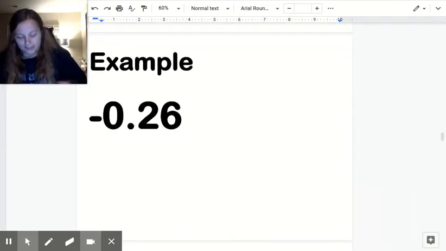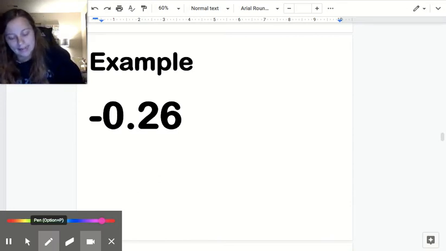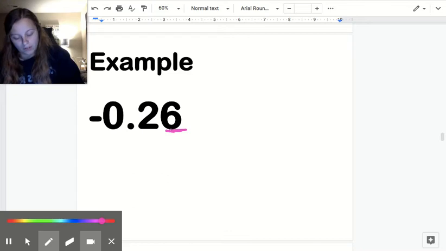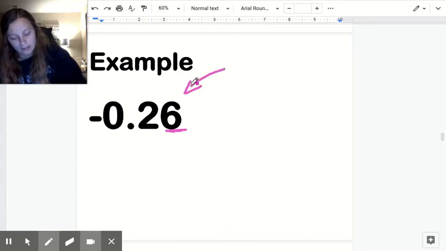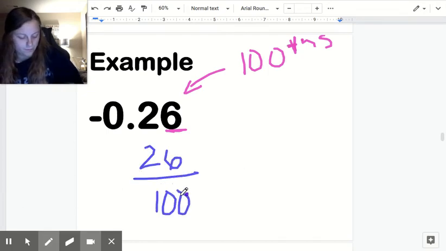We have negative 0.26. So really, this says negative 0 and 26 hundredths. The 6 is in my hundredths place. So this fraction is going to be over 100. So 26 over 100.